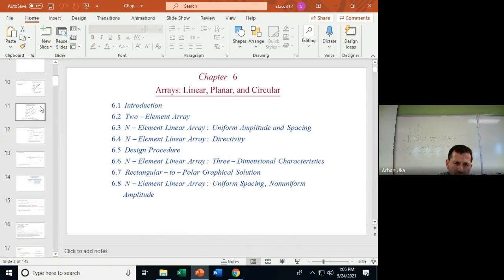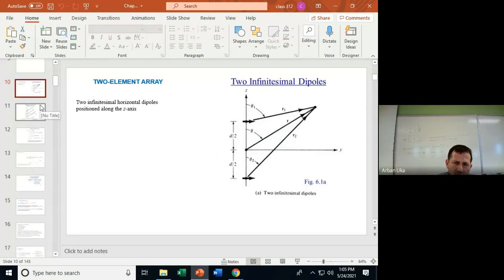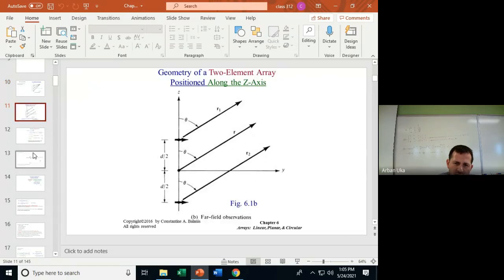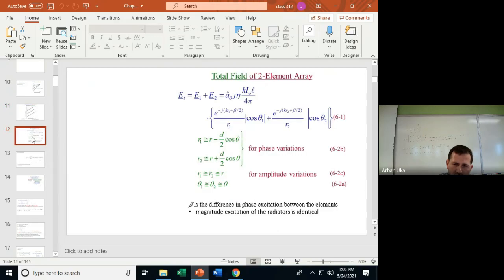In the previous sessions we were discussing arrays of antennas which are located along a specific axis, and they have subsequent distances and inherent phase differences. The phase difference will be beta, and the distance between two subsequent antennas can be denoted as d or d divided by 2.